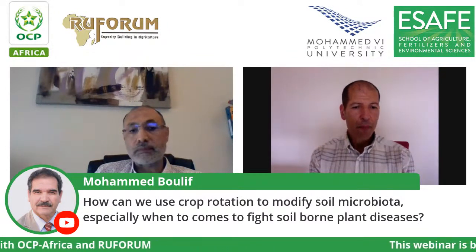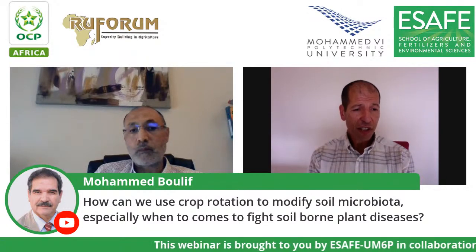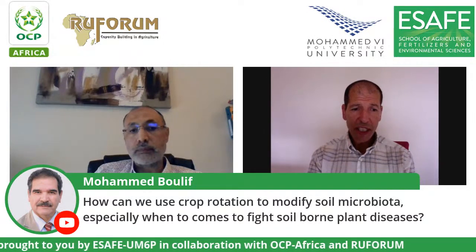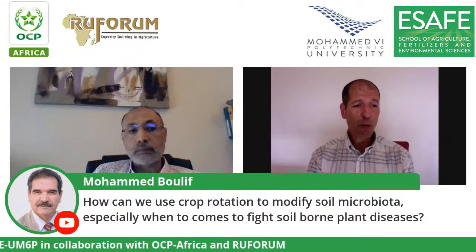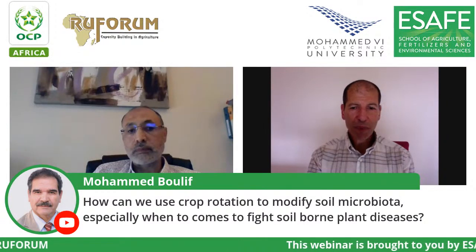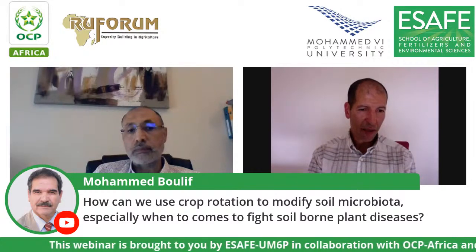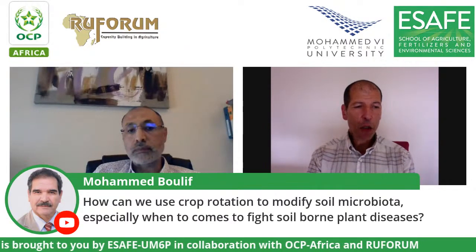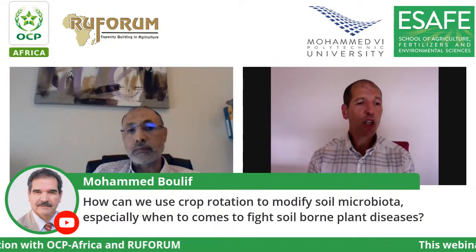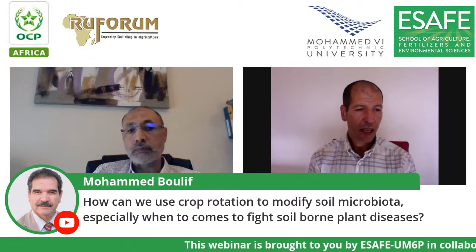We have evidence in the literature that diversified rotation systems with 3, 4, even 5 crops are much better than 2 or simplified rotation systems. Definitively, I see a huge, important impact of crop diversification in combating pathogens and increasing soil microbial diversity.